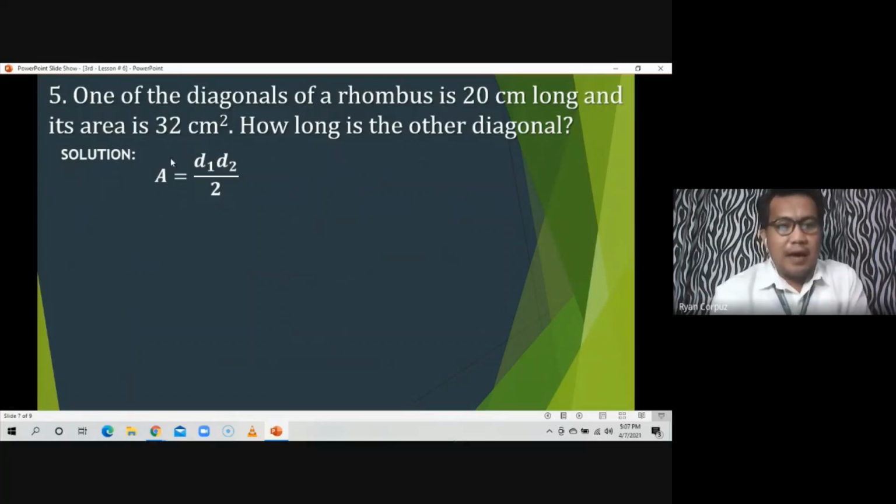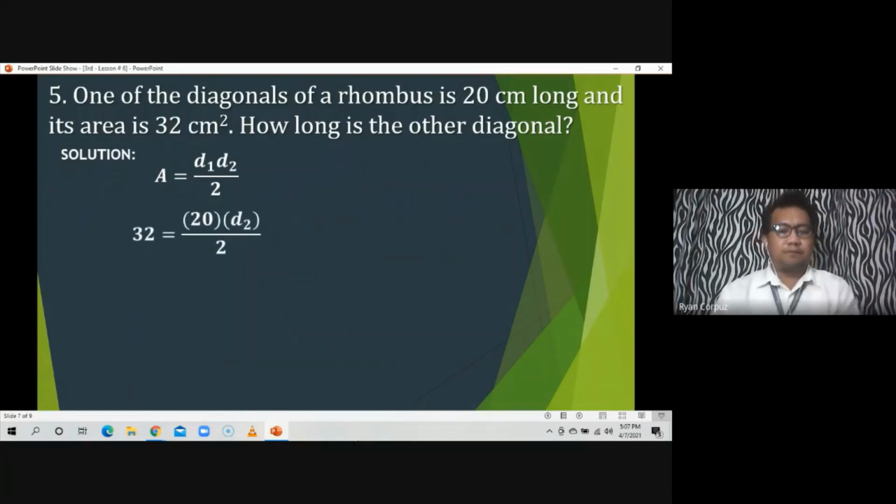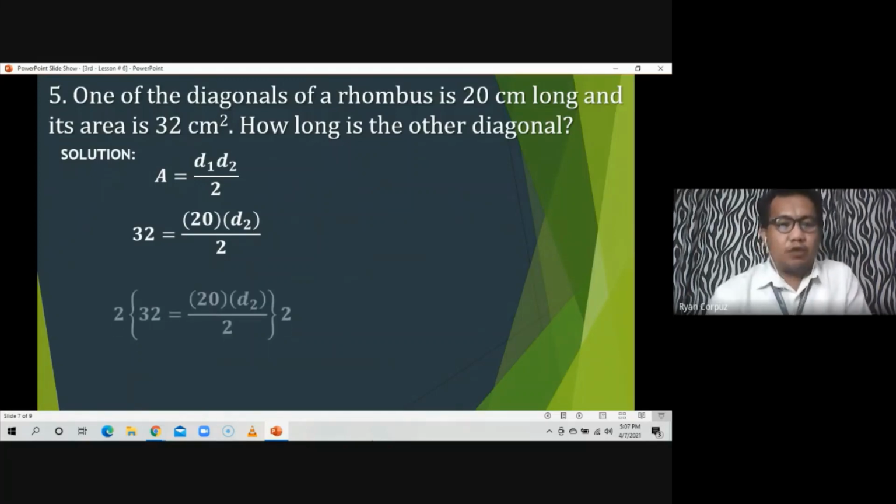Since area is given, we have to put the measure of the area here in place of A. Then, one of the diagonals is given, so we have to put 20 on any of the diagonals there. So, we come up with 32, that's the area, equal to 20 d sub 2 over 2. Then simplify that given equation.